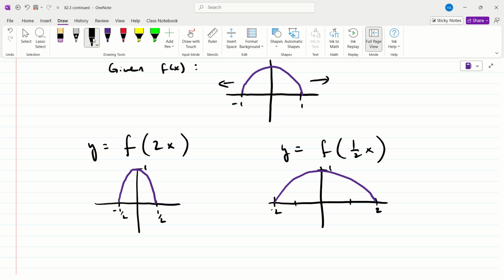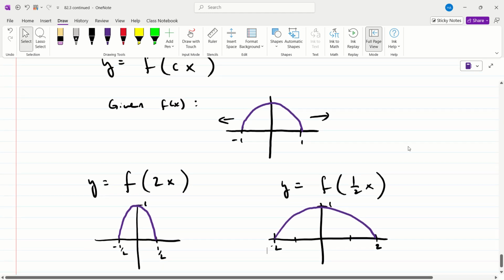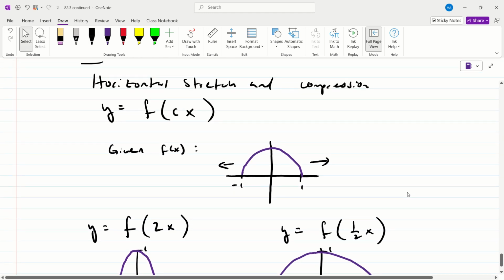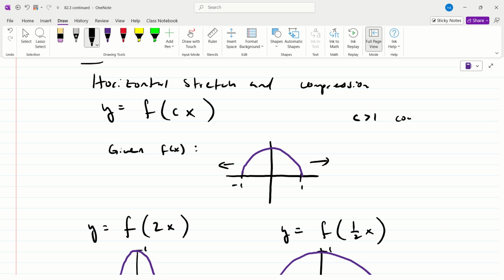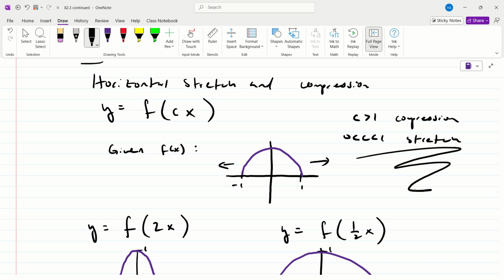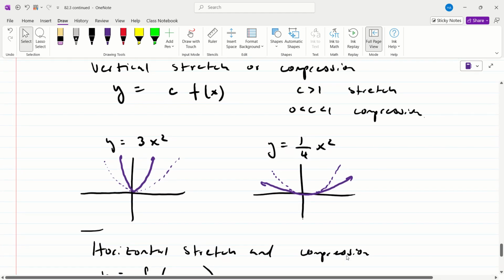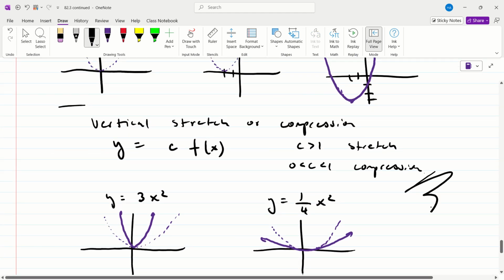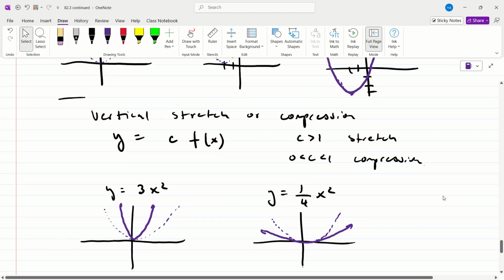Okay, so again, when you're talking about horizontal stretches and compressions, when the value of c is greater than 1, you have a compression. And when the value of c is between 0 and 1, you have a stretch. This rule of thumb is opposite to what we saw for the vertical stretches and compressions.